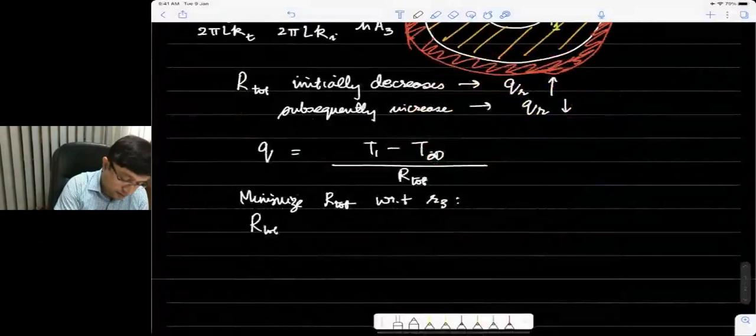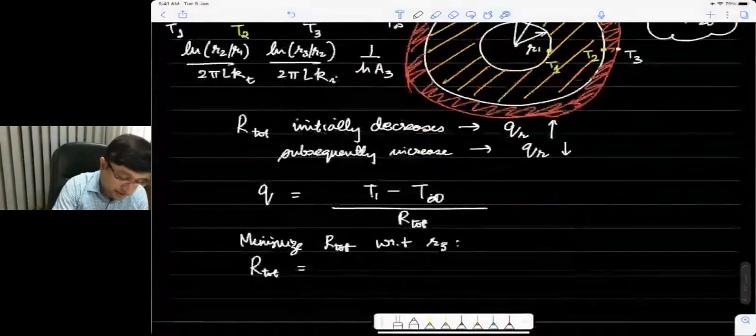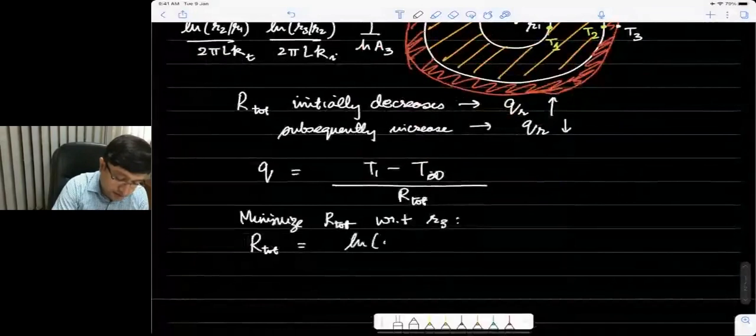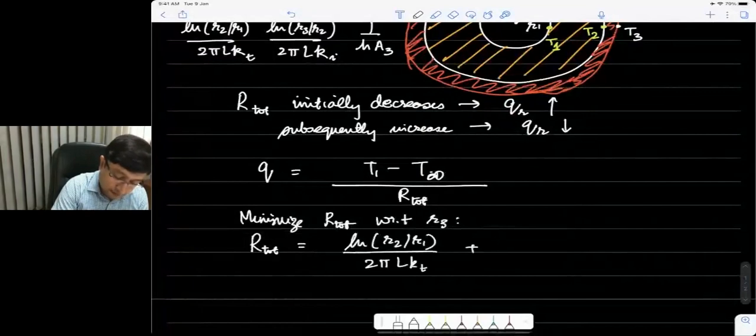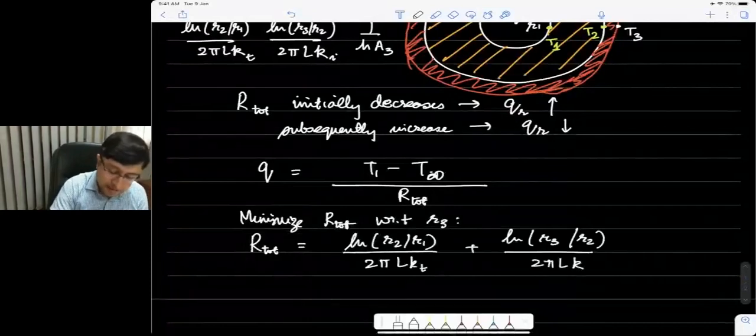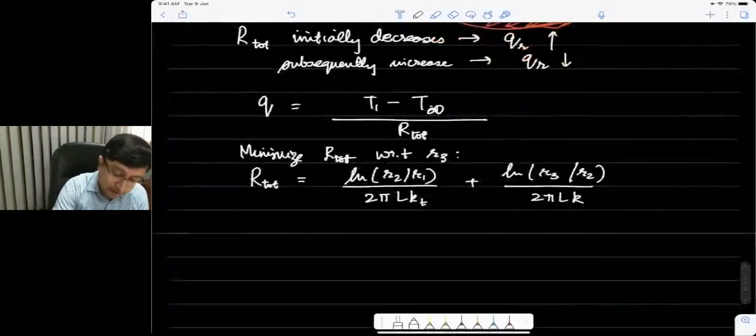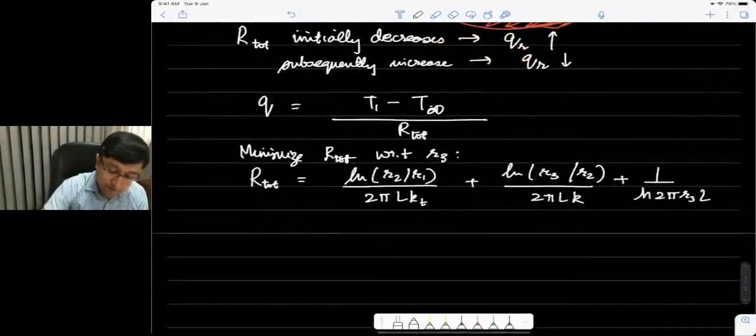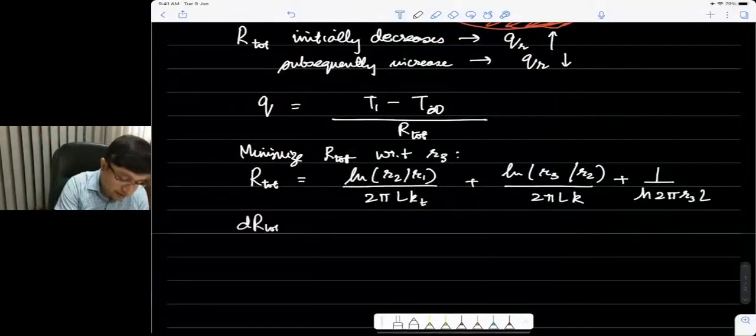R total is the sum of these three terms: log of R2 by R1 over 2 pi L k, plus log of R3 by R2 over 2 pi L k, where I'm dropping the subscript i, since it is understood to be the thermal conductivity of the insulator we're adding, plus 1 by h 2 pi R3 L. To minimize with respect to R3, I take the derivative of this resistance with respect to R3.